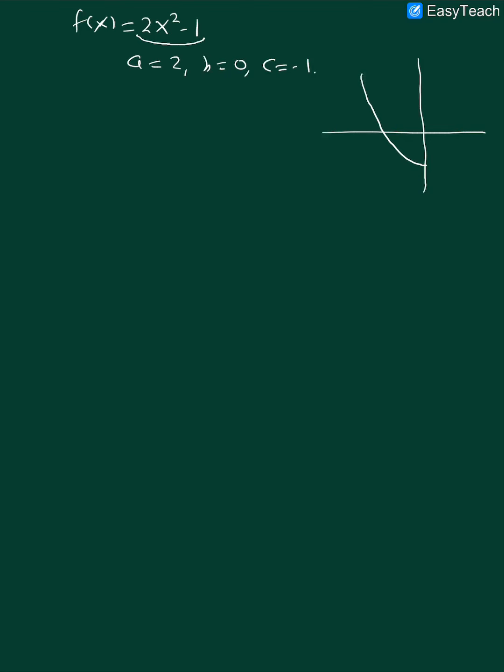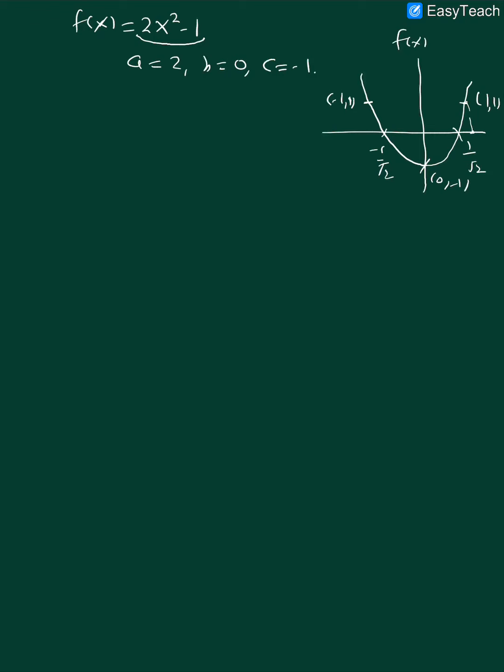At x equals 0, the value is -1, the minimum value, and the roots of this quadratic polynomial are 1/√2 and -1/√2. At x equals 1, the height of this function is obviously 1, and the function is even, therefore this point is also (-1, 1).